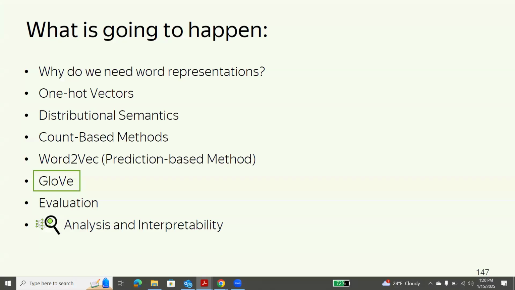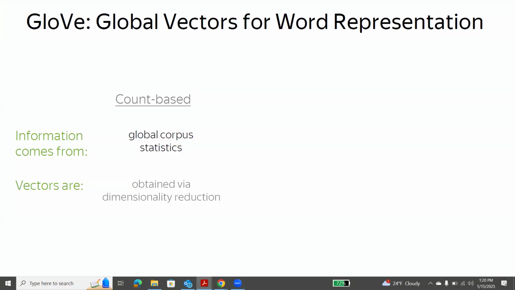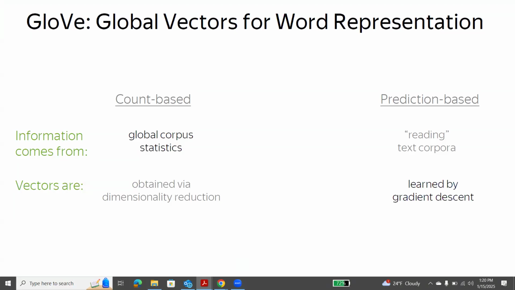Another model, GloVe, actually combined these two approaches. So in count-based, we had information from statistics of the words, and then we applied singular value decomposition.